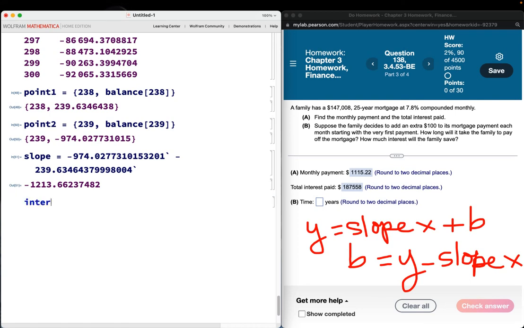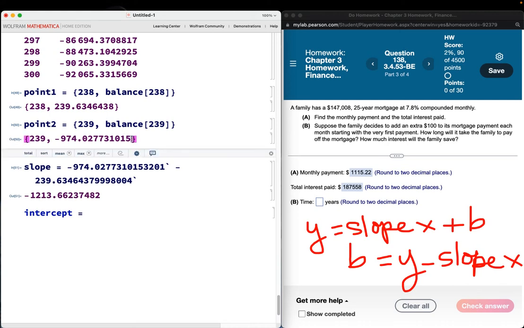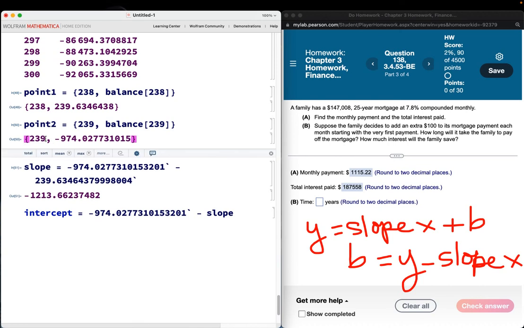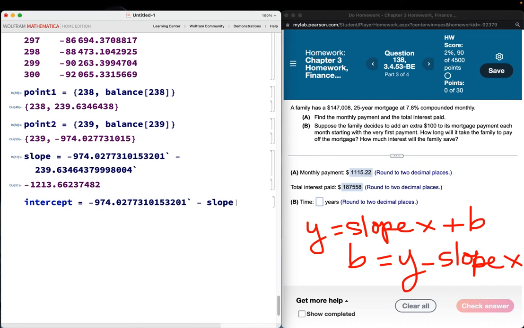The intercept, or b, same thing, is going to be y. I'll pick this point, 0.2. This is y, minus my slope times x. And remember, you could do this or just space. And that's my intercept.